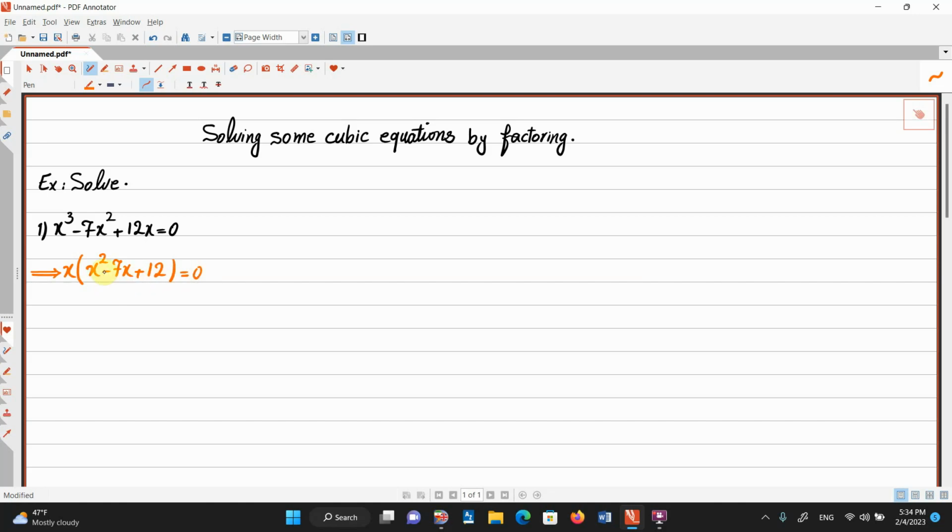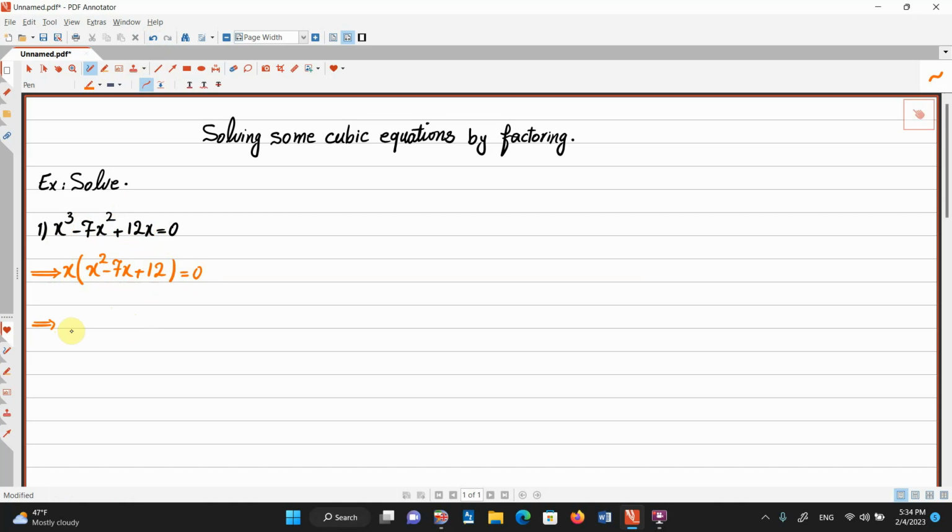Till now we understood that in a cubic equation in which the cubic term, the quadratic term, and linear term are available, but the constant is not available, the first step is factoring out x. And then we should try to factor inside of this parentheses.